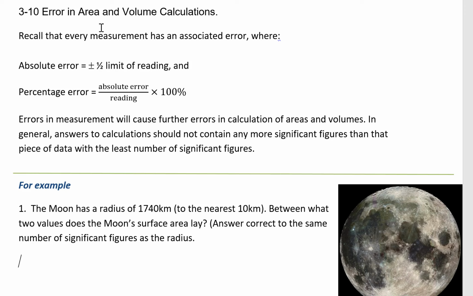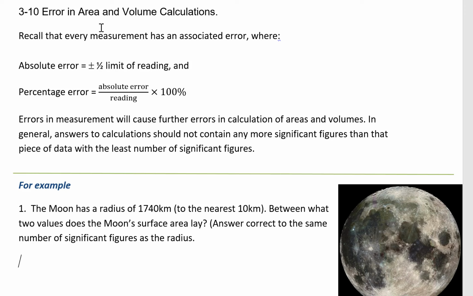Now, in most cases, you won't need to worry about this. However, if the question suggests that you need to give the most accurate answer, then that's an indication that you have to consider the error.